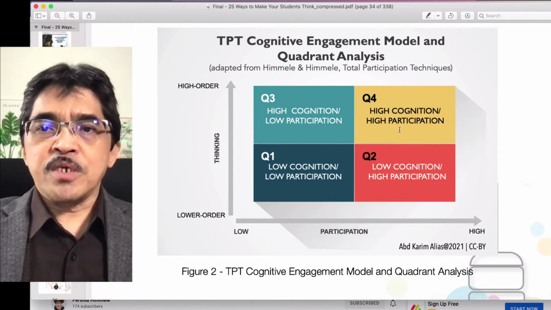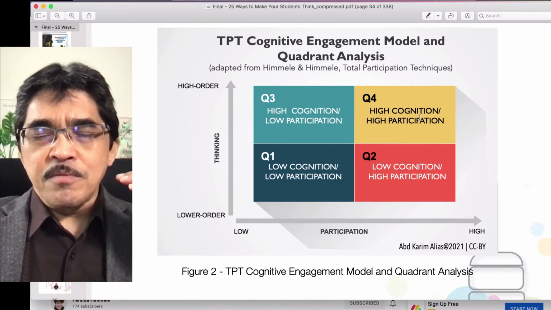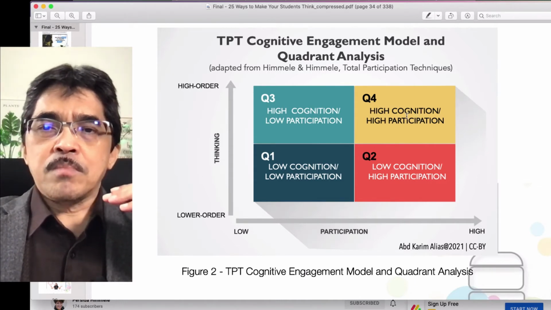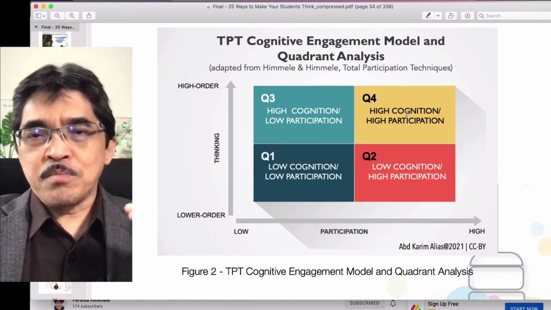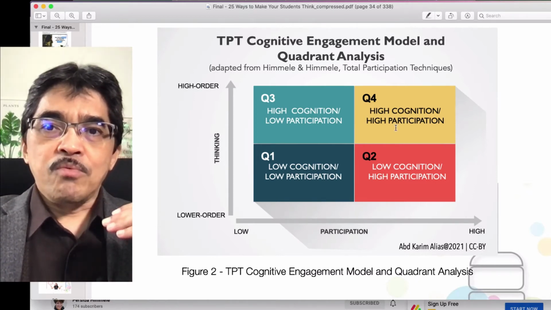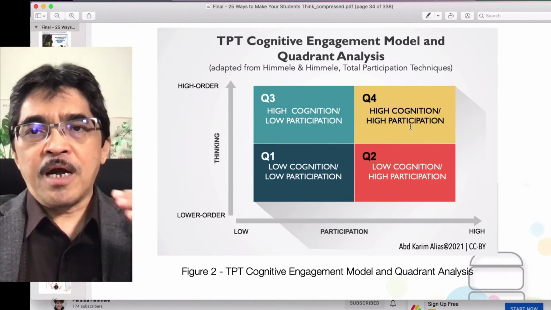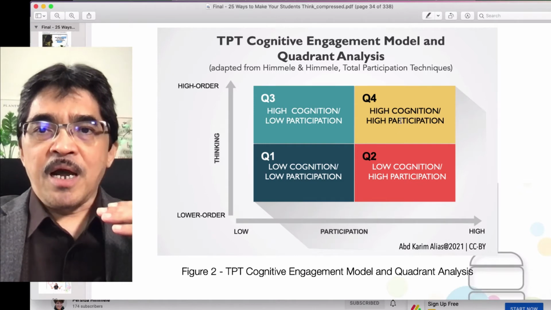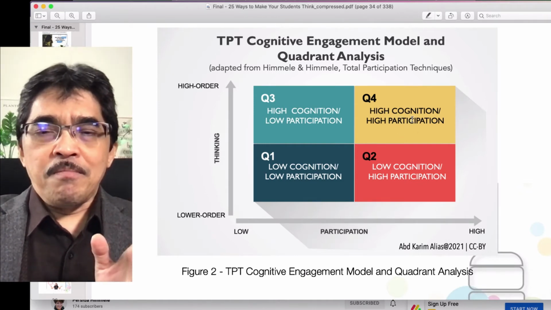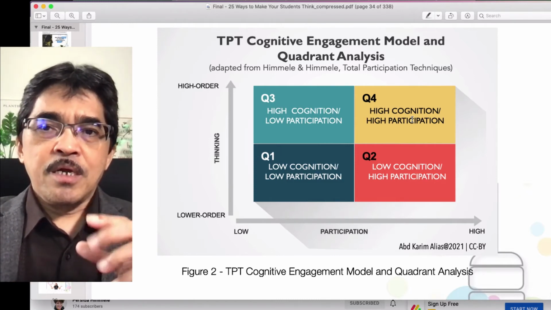We have high cognition and high participation. Although the activity requires more investment of mental effort, we managed to get high participation, meaning we get high behavioral engagement. Ideally, you want to achieve this for at least 50% of the classroom session.